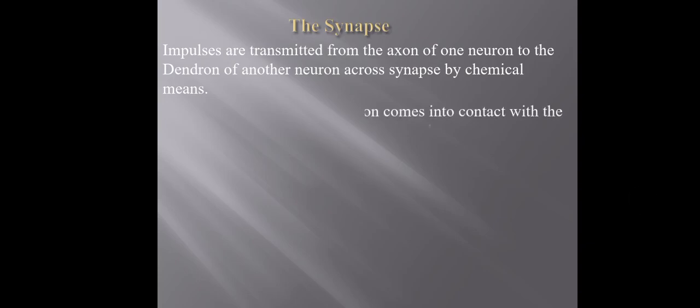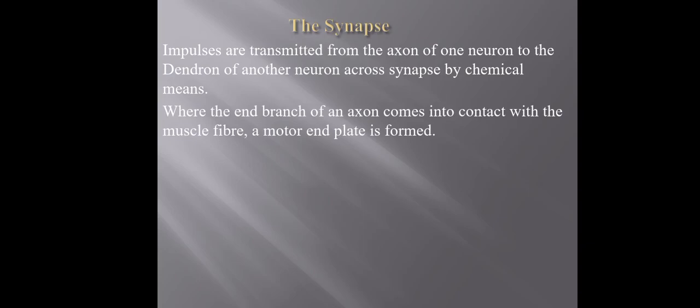So synapse is a minute junction between two cells. When the end branch of an axon comes into contact with a muscle fiber cell, instead of another cell, like a motor neuron coming from the CNS synapsing with a muscle fiber, which is a motor effector, we refer to it as motor end plate.